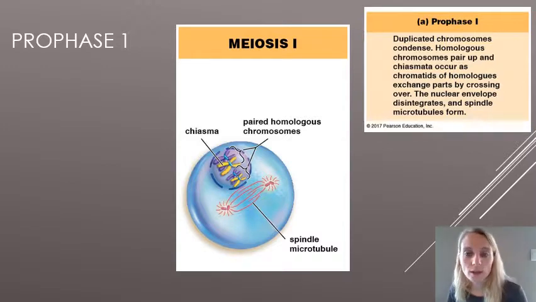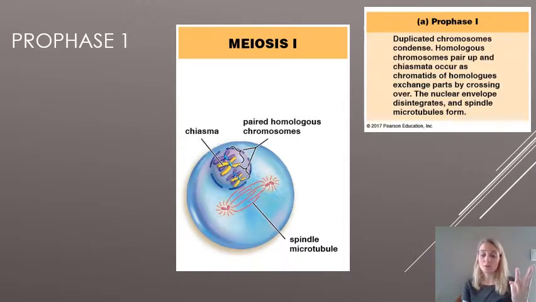So prophase 1, if you'll take a look, it looks very similar to prophase of mitosis. So when you are practicing your phases, mitosis and meiosis, please make sure you don't forget the 1s and the 2s. It's very important that you are identifying the differences because you actually have 3 prophases. You have mitosis prophase, you have prophase 1 of meiosis, and prophase 2 of meiosis.